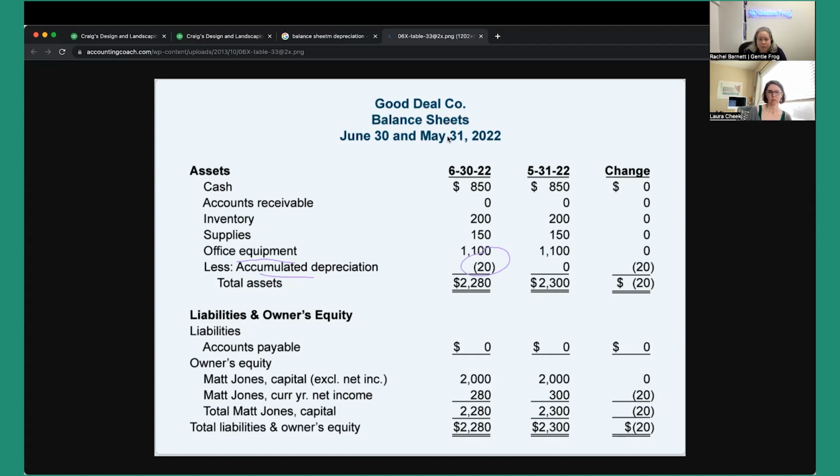If that happens, it's the tax preparer that does their magic. They send you over journal entries and say, okay, here are the things to change, add into the QuickBooks, and you make that entry. And this number just keeps getting bigger and bigger until eventually the office equipment and the depreciation equal, and then the asset turns into $0.